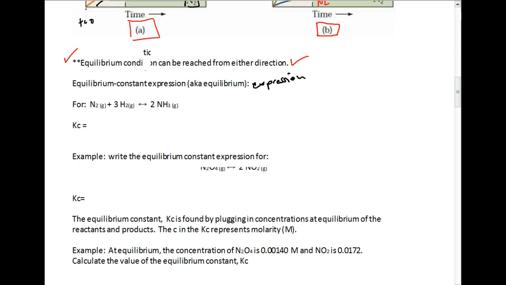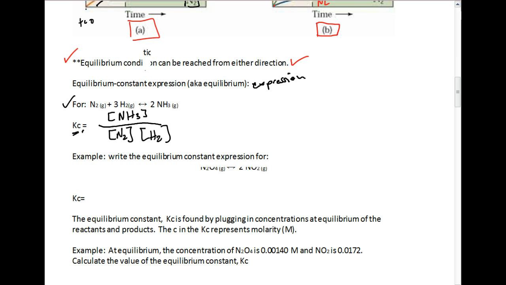K is our equilibrium constant, and C represents concentration. The way we write equilibrium expressions is we put the concentration of the products, so in this case it's NH3, over N2 and H2. Okay?